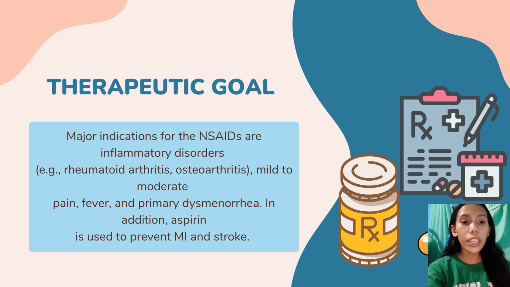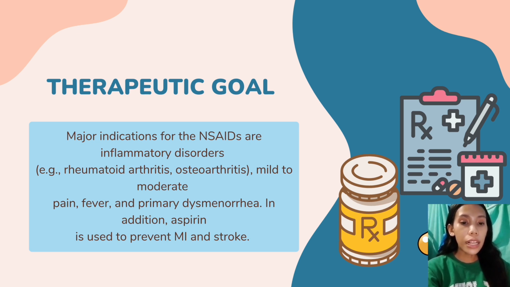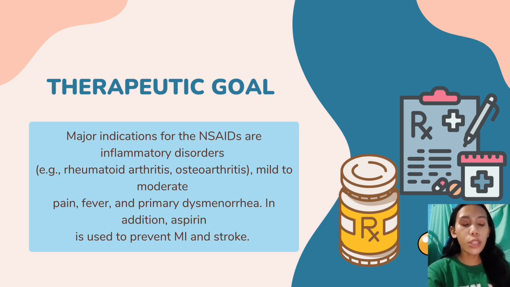Therapeutic goal: the major indications for NSAIDs are inflammatory disorders, for example rheumatoid arthritis and osteoarthritis, mild to moderate pain, fever, and primary dysmenorrhea. In addition, aspirin is used to prevent myocardial infarction and stroke.